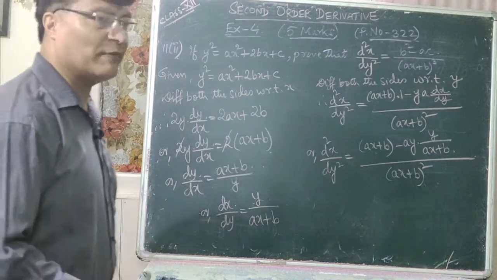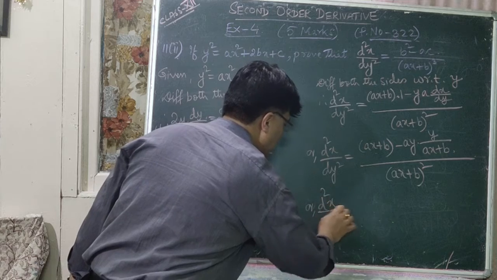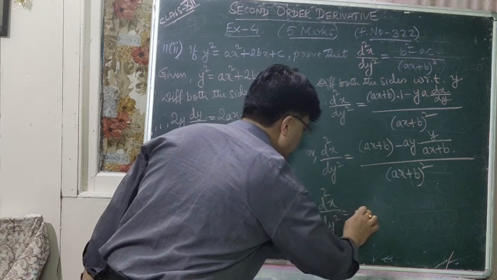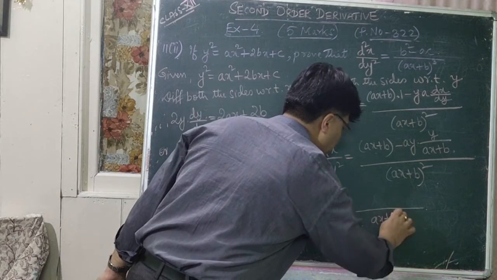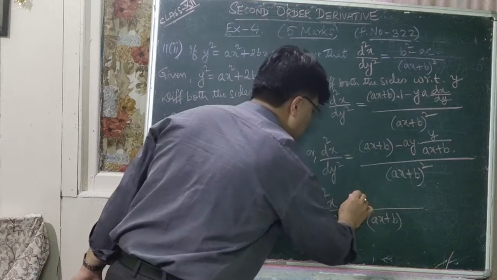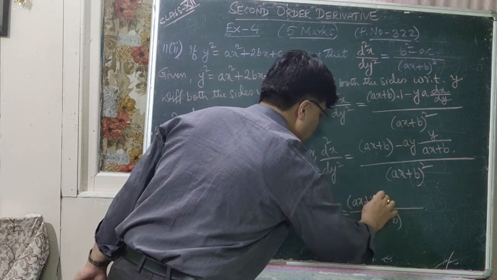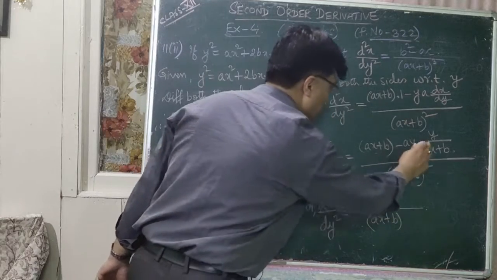Okay, now let us simplify it. In the numerator, what's the LCM? It is ax plus b. So now multiply ax plus b by ax plus b. What is it? It is ax plus b whole square minus ay square.